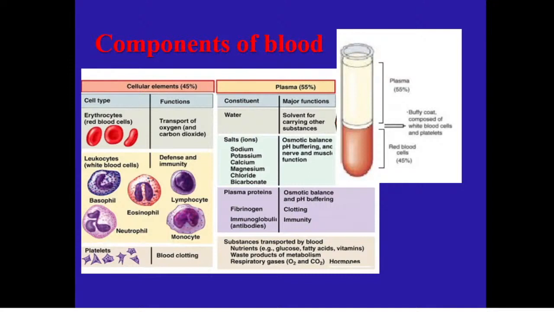Among them, you know from histology, we have different types: neutrophils, eosinophils, monocytes, and lymphocytes. And platelets, the main function of which is blood clotting.